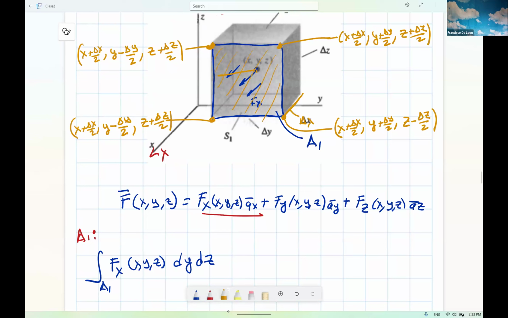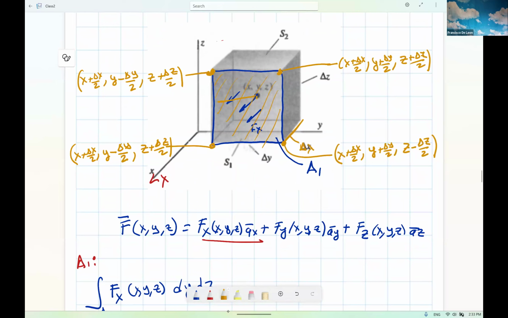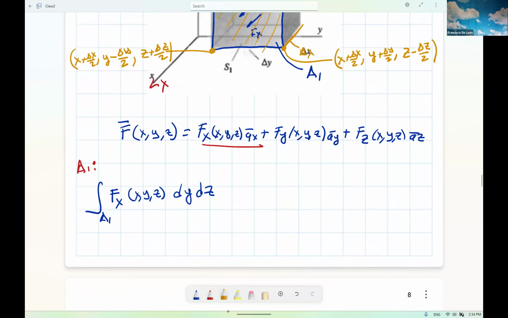I need to do two integrations for only the flux that comes through face A. If I want to compute all the flux, I need to do the same for all other sides. But let me do only one side to start.